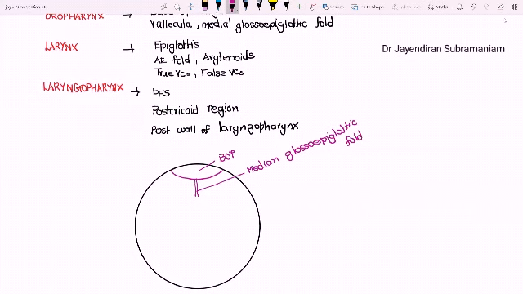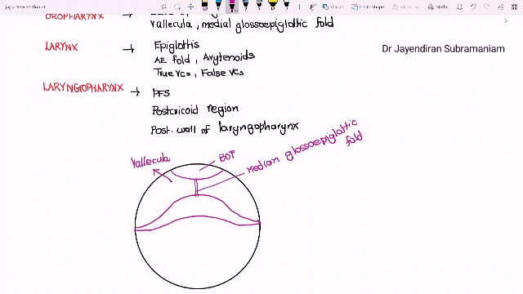Then on either side of the median glossoepiglottic fold, there are depressions which are known as vallecula, which is also a part of oropharynx. So we have vallecula. Next comes the laryngeal structures. So we will see the epiglottis.